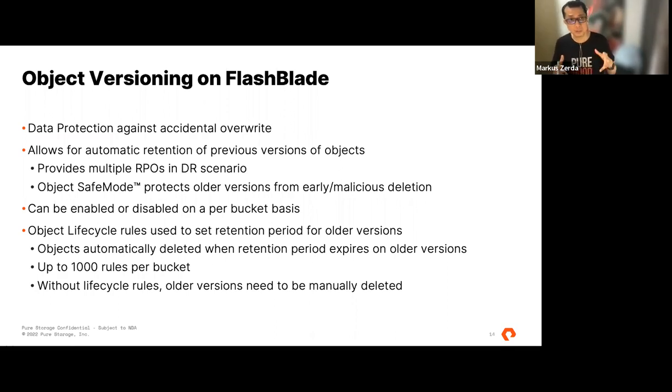You can manage this versioning via object lifecycle management, which you can do via CLI on 2.3 and GUI on version 3. The system will delete the expired versions, and you can have about 1,000 lifecycle rules per bucket.